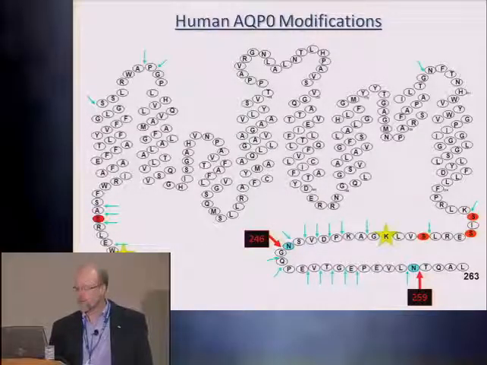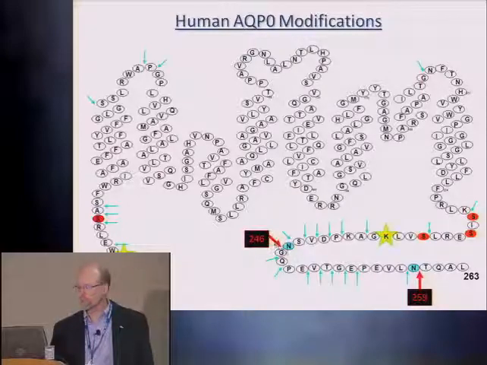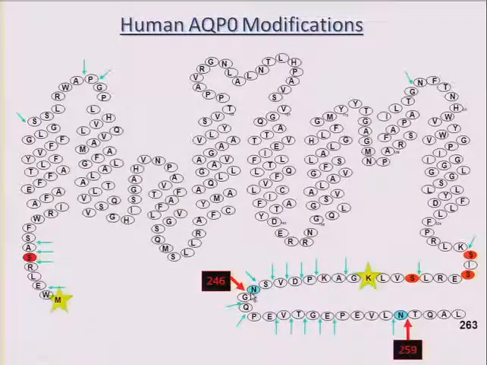We've identified most of the major modifications, and what I'm going to show you today are some images of this major truncation product at residue 246. As we age, the truncation at this particular site increases. We were also able to identify lipid modifications to this lysine and the N-terminal methionine, and I'll show you the localization of where those modifications occur.